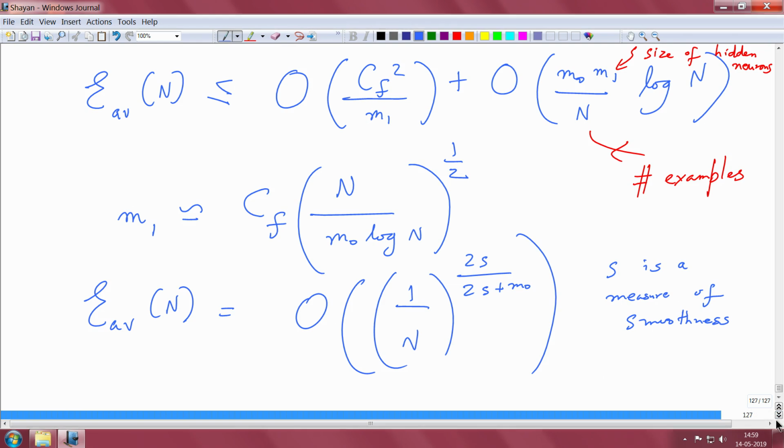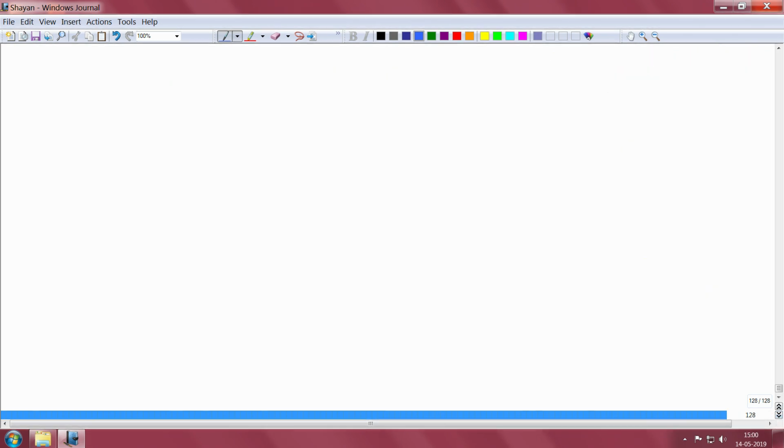So, what it really means is the following: that the sampling density is proportional to the m naught root of the number of data samples. That is, the sampling density is proportional to the m naught square root of the number of data points.